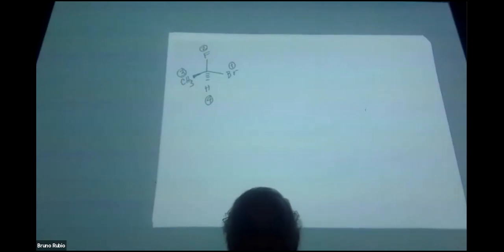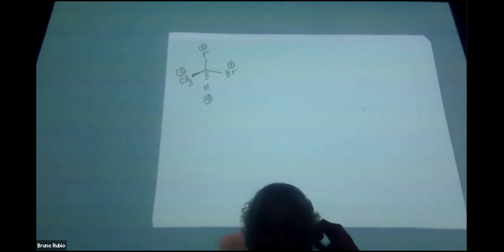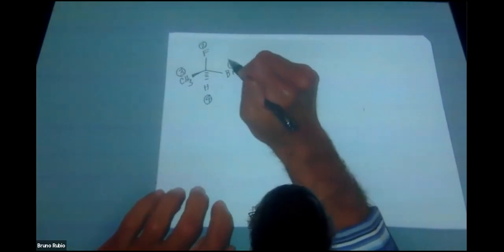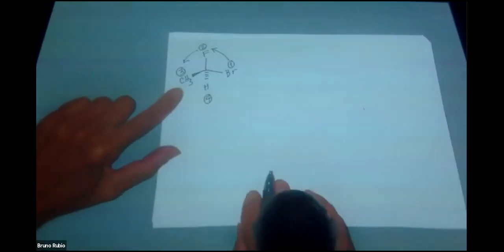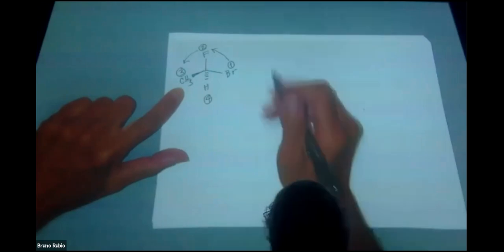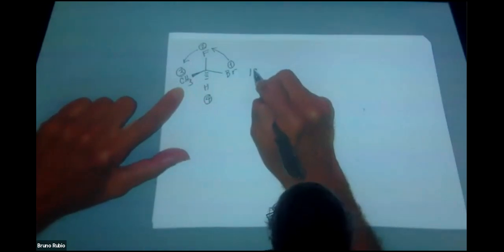Okay, and now with the group of lowest rank pointing away from me, oh, I gave you this problem on a silver platter, right? You see how that hydrogen is pointing away from you. What is the sweep of the top 3 ranks? I'm going from 1 to 2 to 3. That's a counterclockwise sweep. That is the S absolute configuration. And the official name of this molecule would be 1S, right?